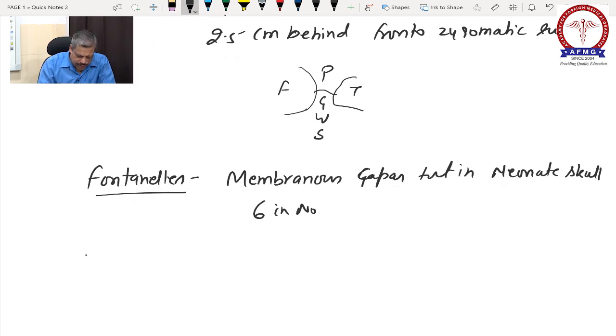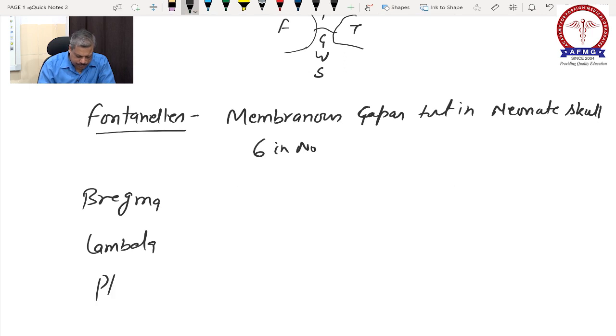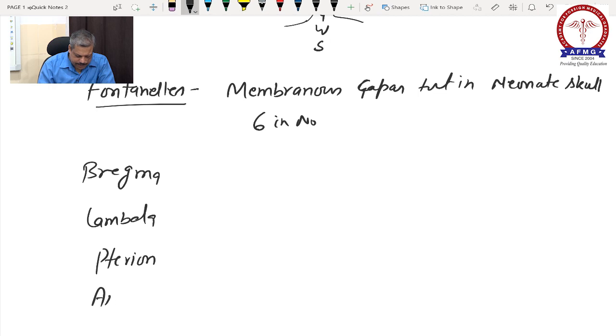The first point is the bregma, the second is lambda, the third is the pterion, and the fourth is the asterion. At the bregma is the anterior fontanelle.